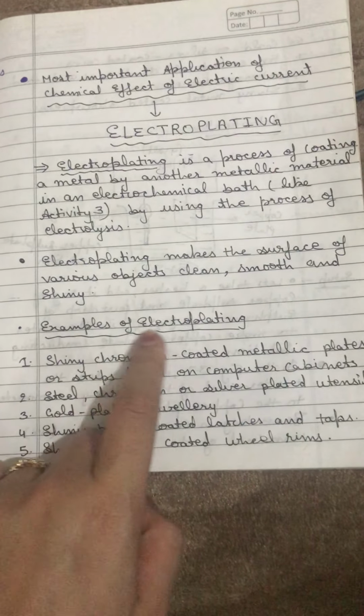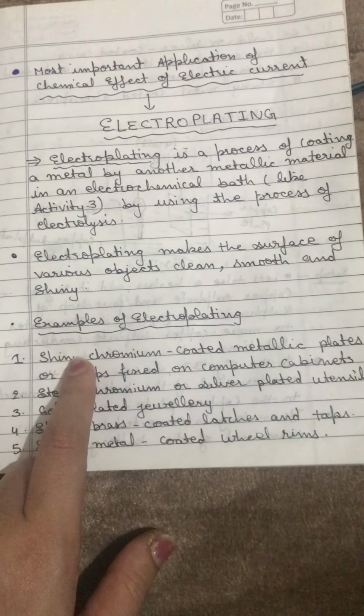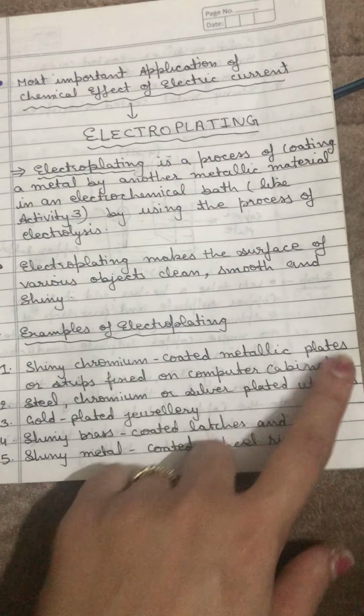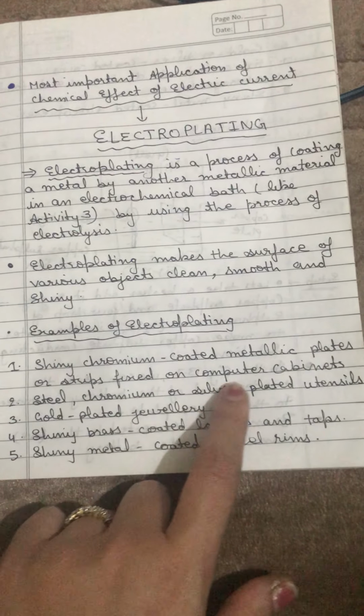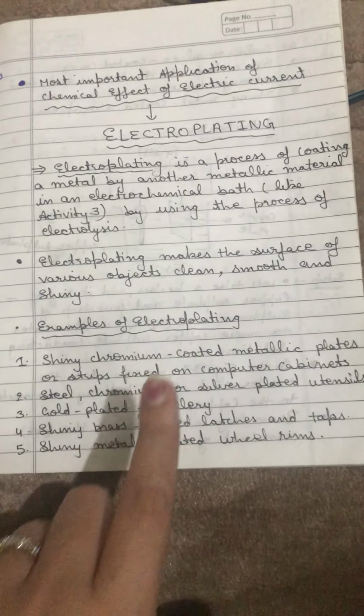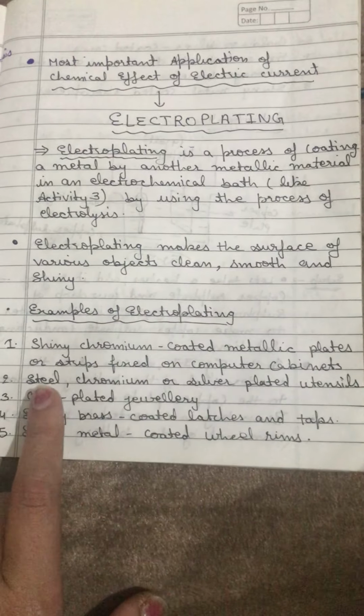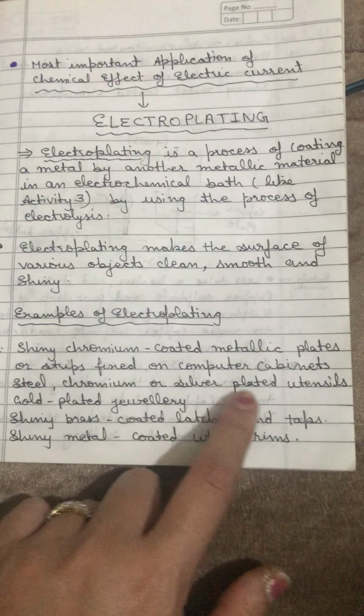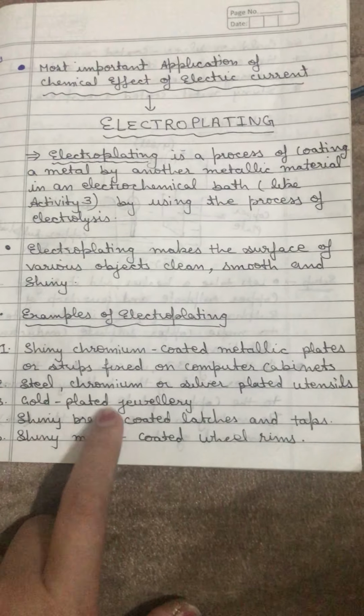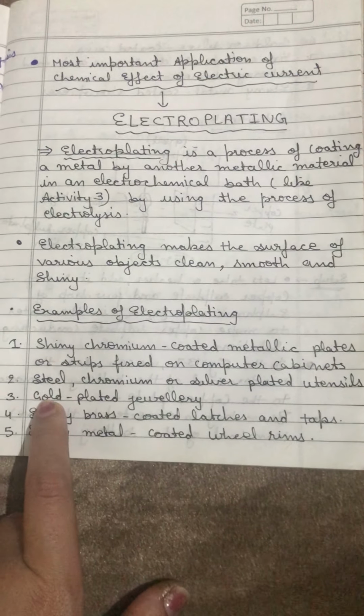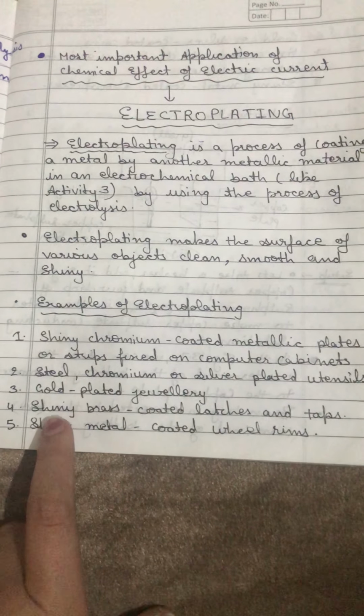Now, the examples of electroplating: the shiny chromium coated plates or strips fixed on the computer cabinet are also formed by electroplating.